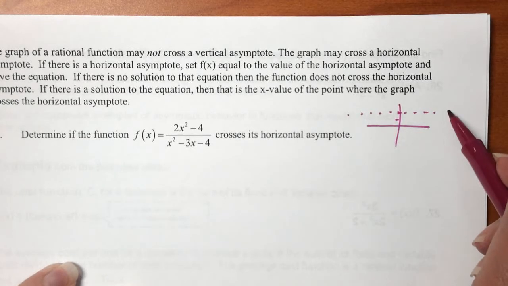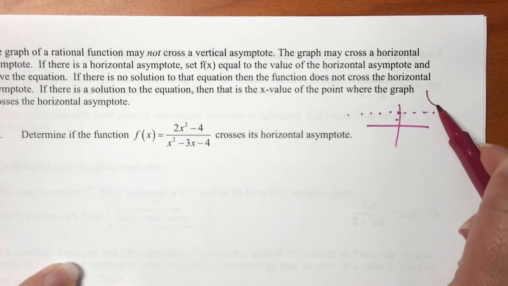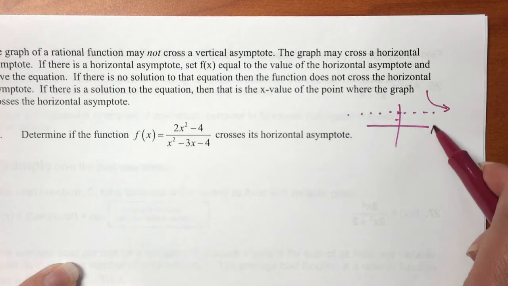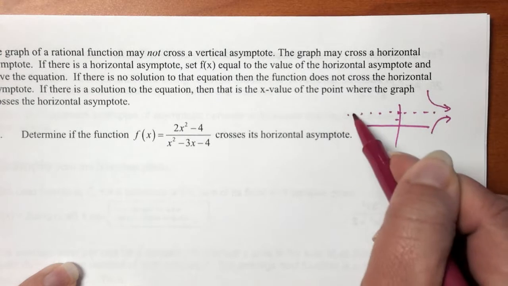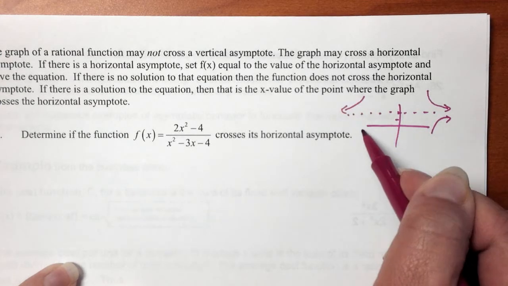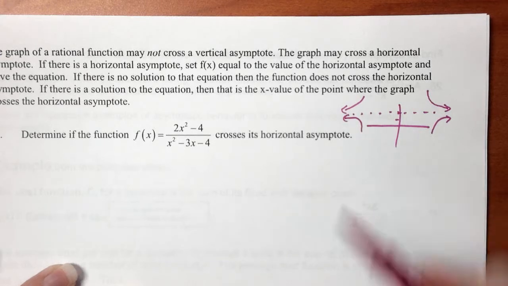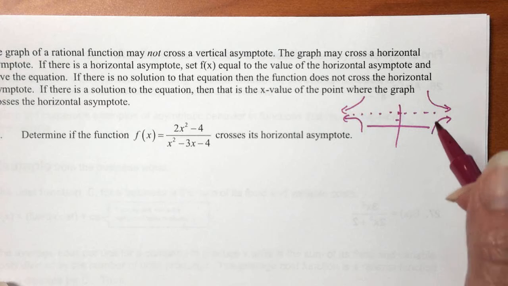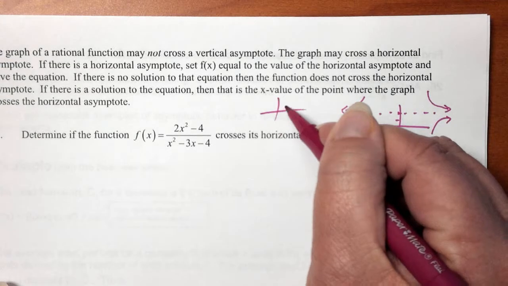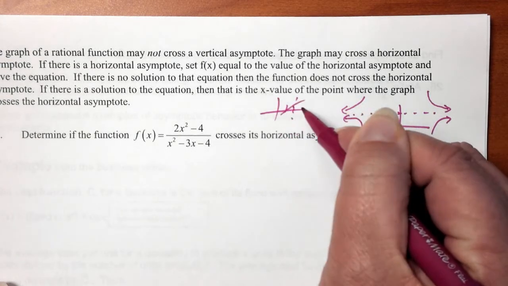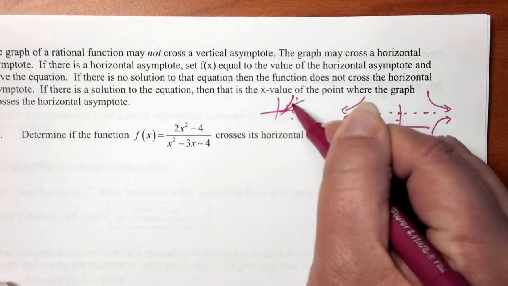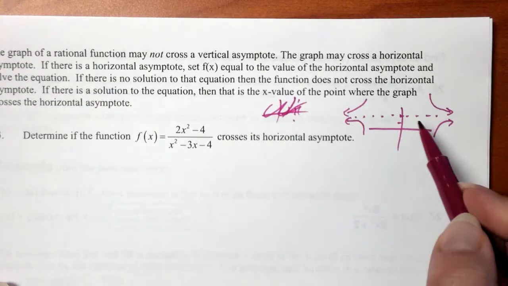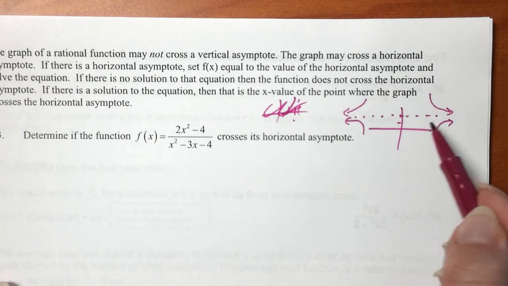So way out here on the right-hand side, maybe the graph is approaching it from above or from below. And way out here on the left-hand side, maybe the graph is approaching that horizontal asymptote from either above or below. But unlike a vertical asymptote, which the graph absolutely cannot cross, okay, it will only approach it, it will never cross it. But on a horizontal asymptote, the graph could cross it.